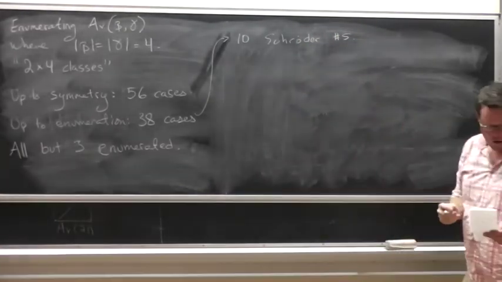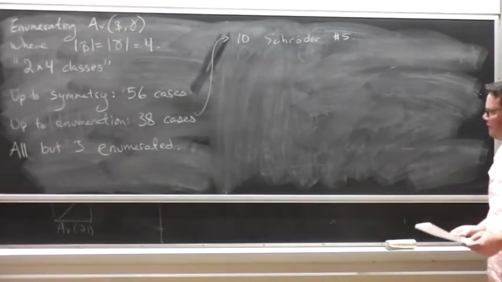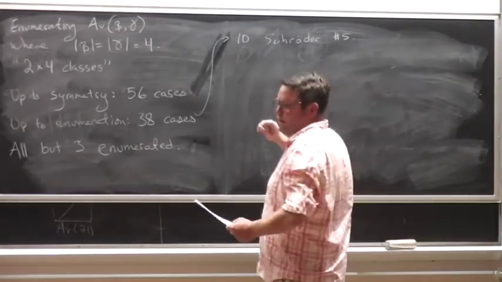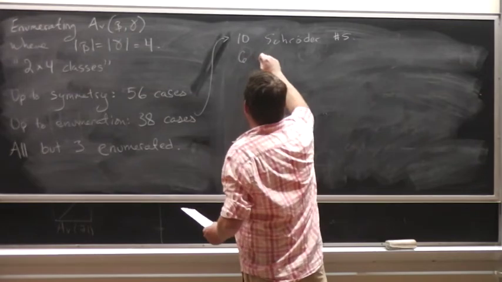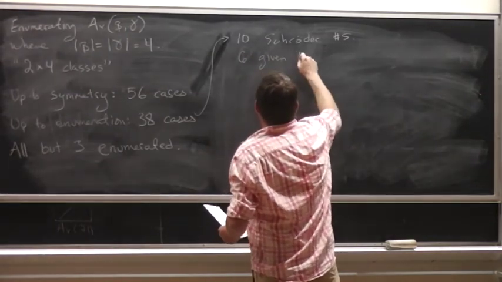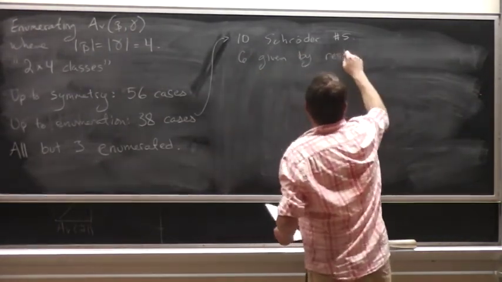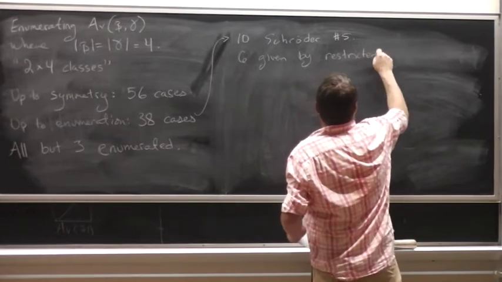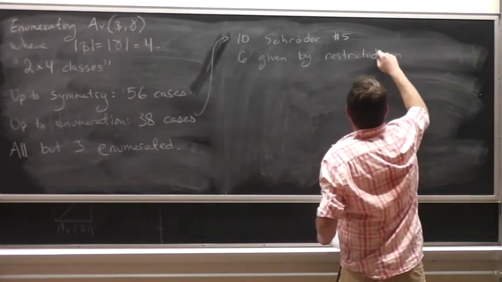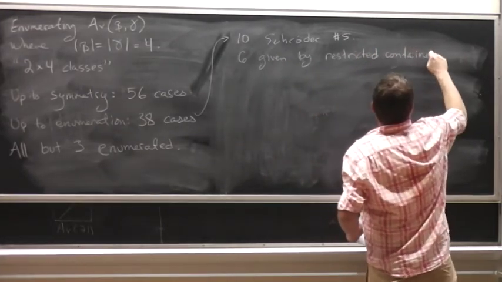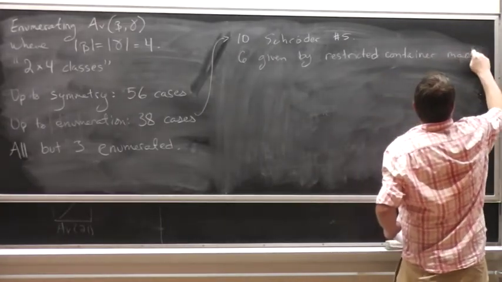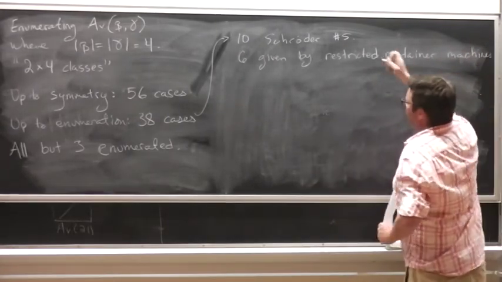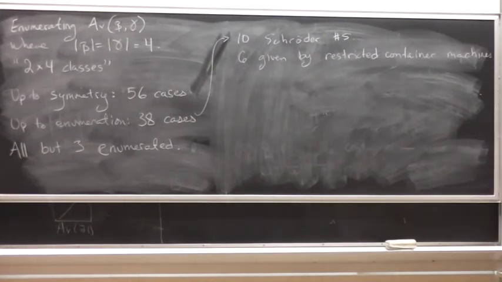Of those, 6 are restricted container machines. I should say it was Darla Kremer who proved that there are exactly 10 counted by the Schroeder numbers.